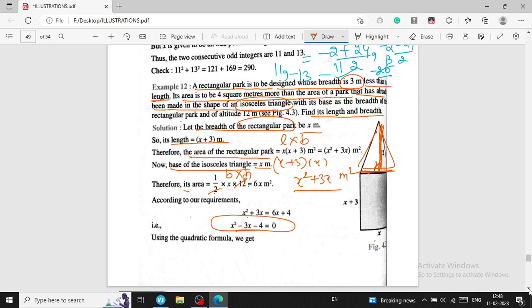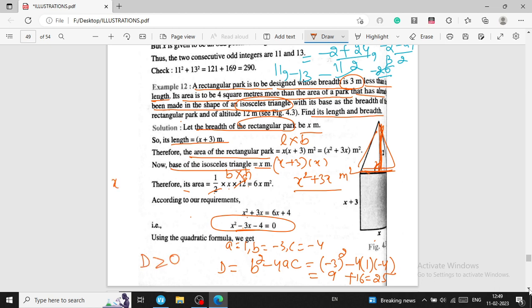Now you can use the discriminant method. a is equal to 1, b is equal to minus 3, c is equal to minus 4, and the discriminant is equal to b square minus 4ac. b is minus 3 whole square minus 4 into a, a is 1, and c is minus 4. 3 threes are 9, minus minus plus, 4 fours are 16, plus 9 is 25.